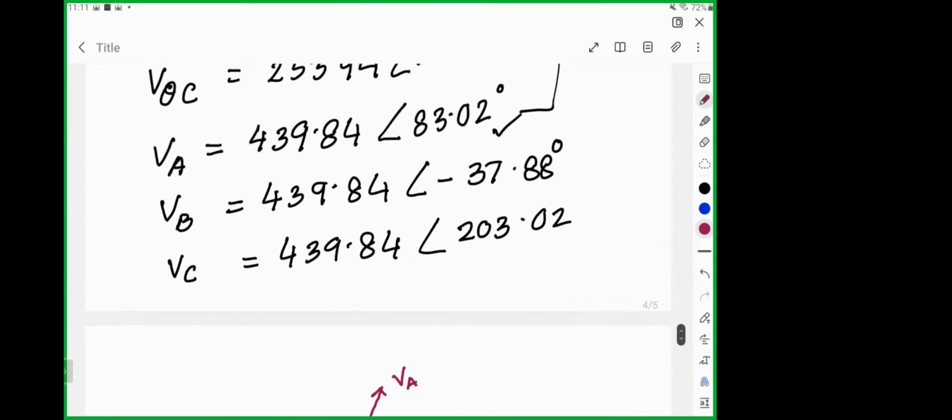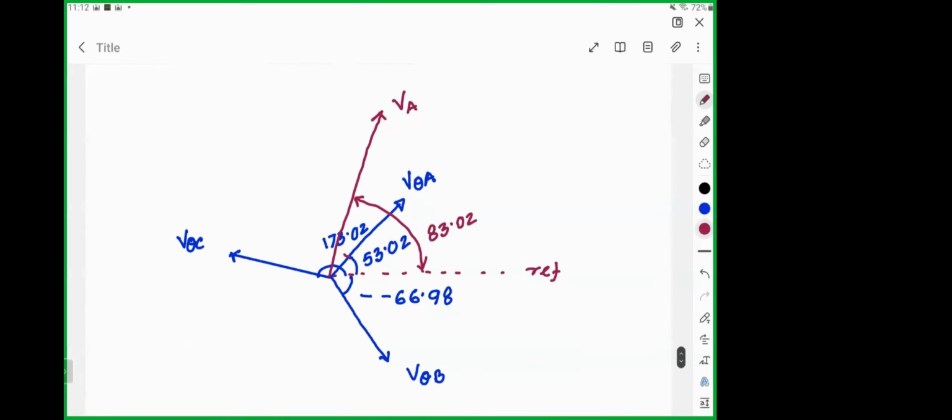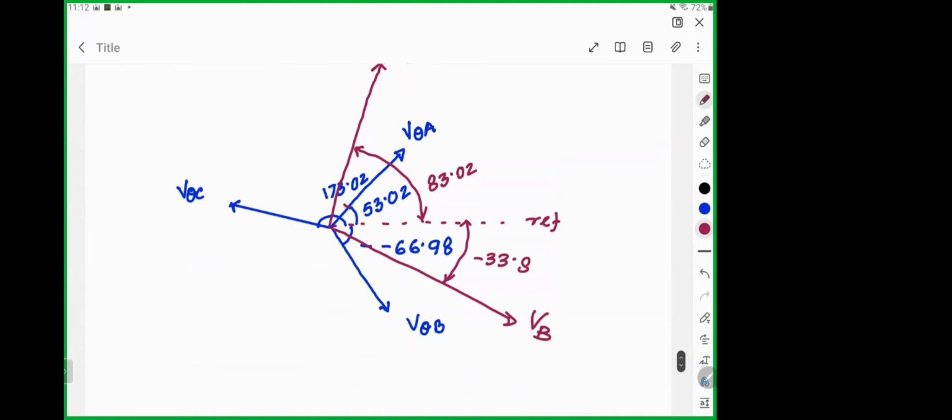Then the second quantity, V theta B, is minus 37.88, so it will be somewhere here, VB. And the last one would be somewhere here.